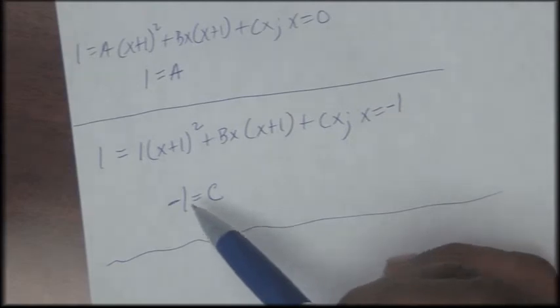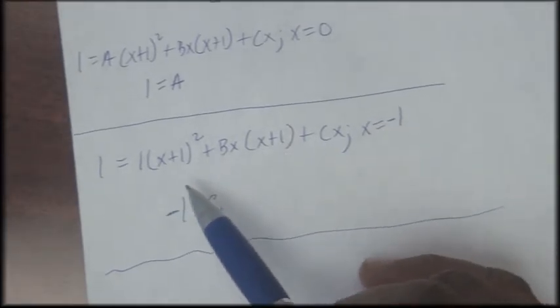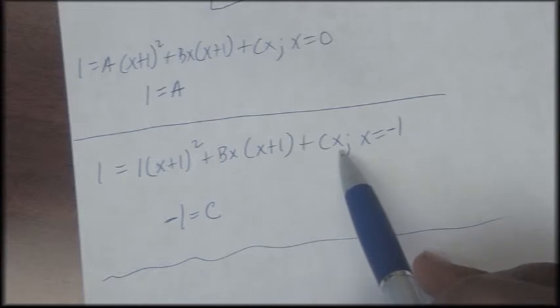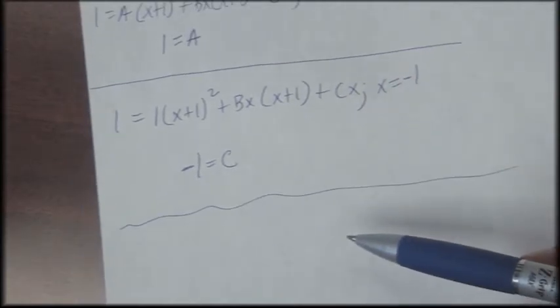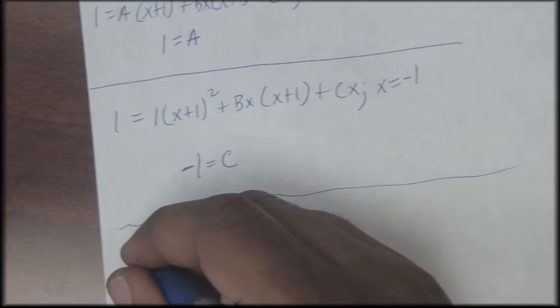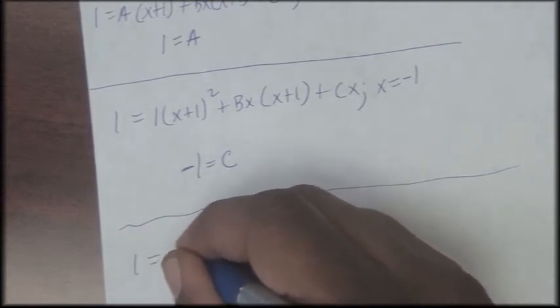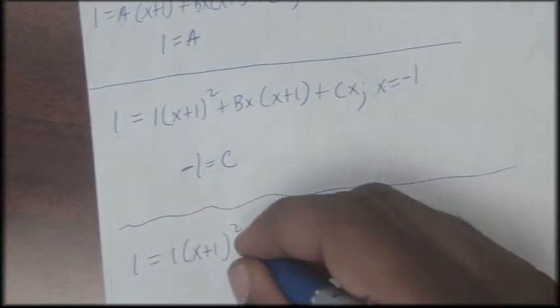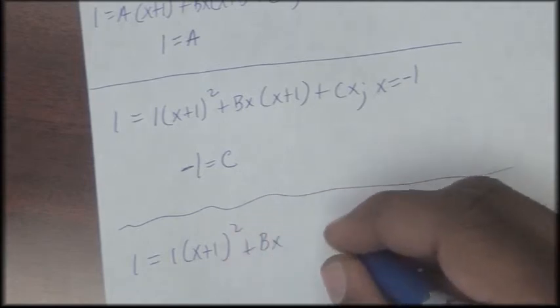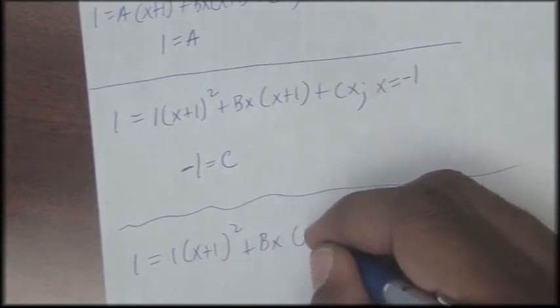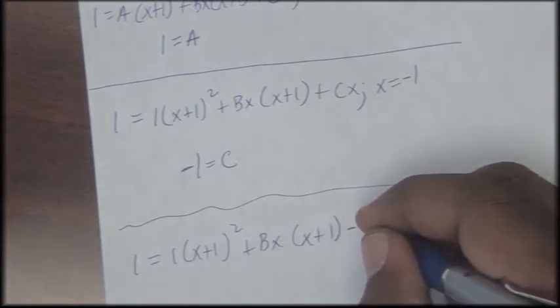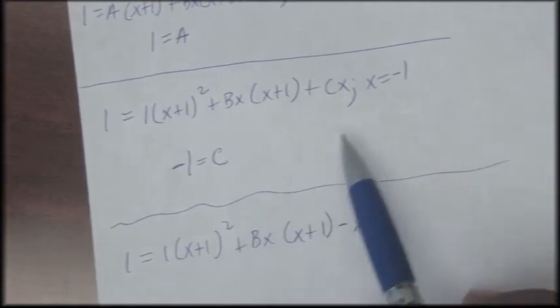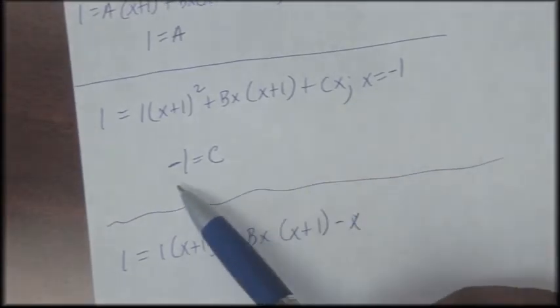And lastly, I'm going to take our equation once again. I'm going to substitute c for -1, and I'm going to substitute x for 1, and it should allow us to solve for our constant b. So I'm going to write this as 1 is equal to 1 times x plus 1 quantity squared plus bx times x plus 1 minus x, because I'm substituting c with -1.